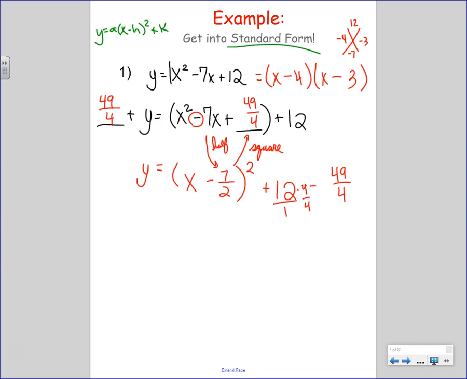So now I have 48 fourths minus 49 fourths would be? Instead of plus and negative, I'll put a big old minus.